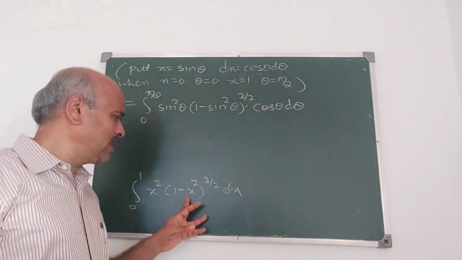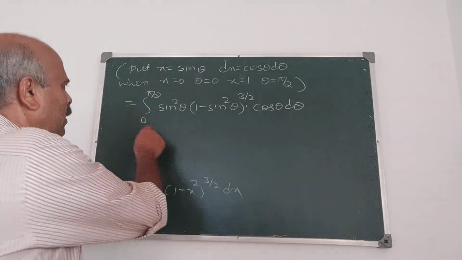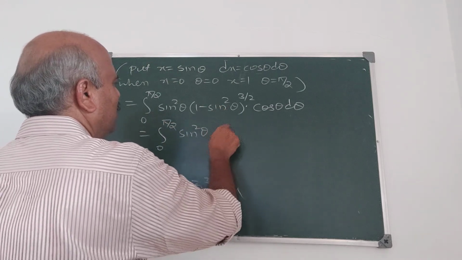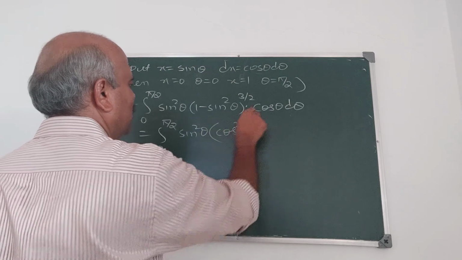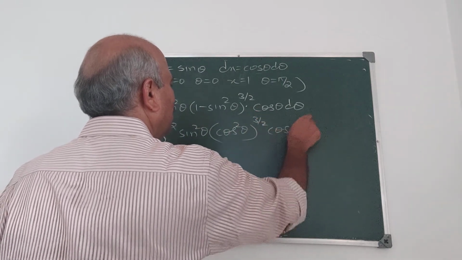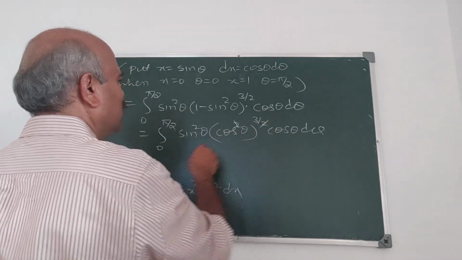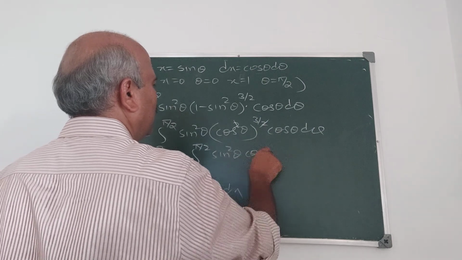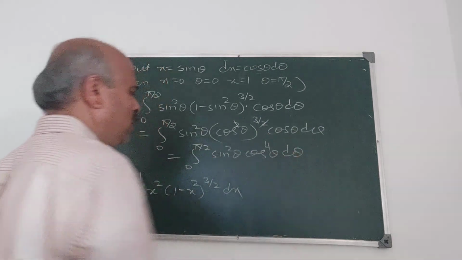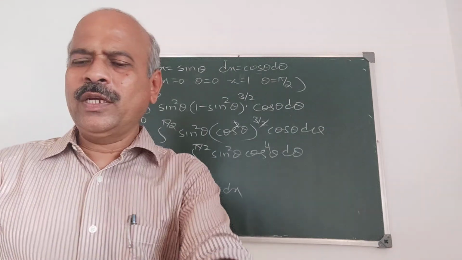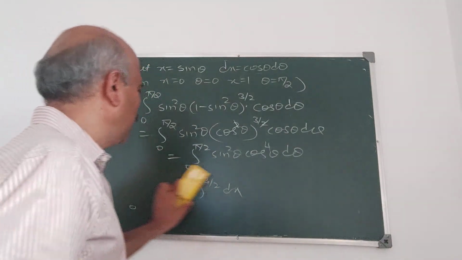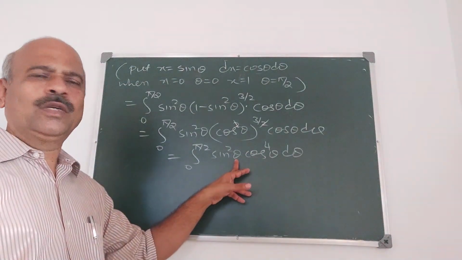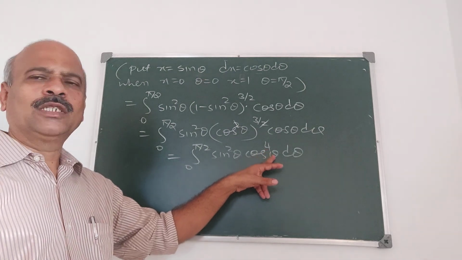I think you followed this substitution. Problem is quite simple. It is therefore the integral from 0 to pi by 2 of sin square theta (1 minus sin square is cos square theta) raised to 3 by 2 into cos theta d theta. These two cancel. Integral from 0 to pi by 2 of sin square theta cos theta raised to 4 with respect to theta. Now we have obtained the same sin square theta cos theta raised to 4, as in the last problem also.